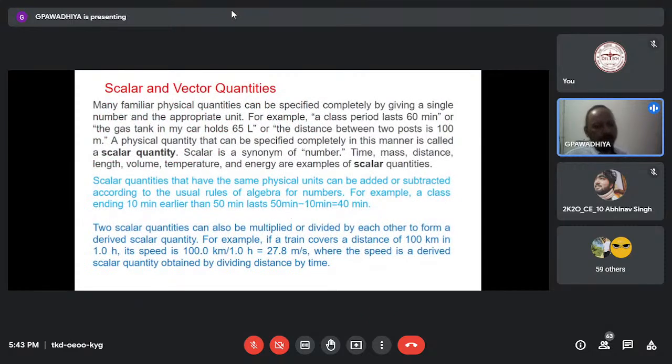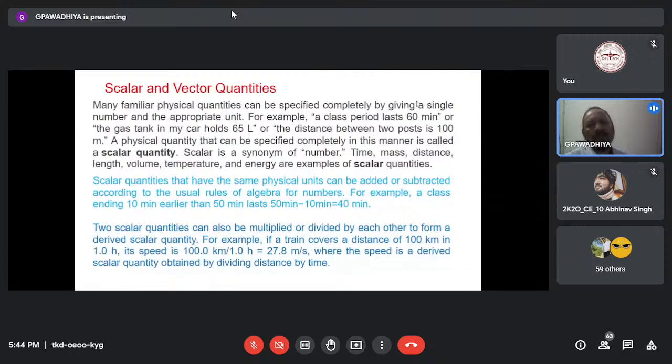Now, before we go further in the vector mechanics, let's study the scalar and vector quantities. The scalar quantity here has some numerical value, and we attach it with some unit, like length, or volume, say 65 liters of petrol, or 60 minutes time required to move from one place to another.